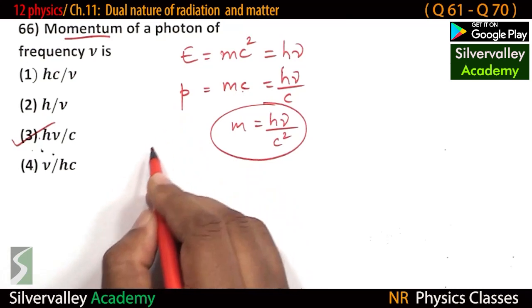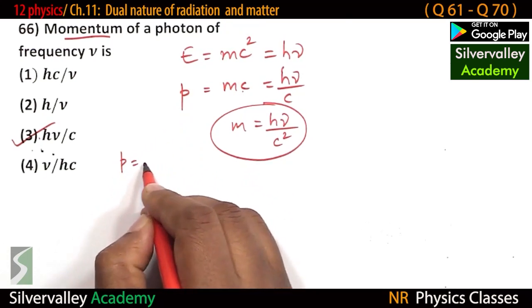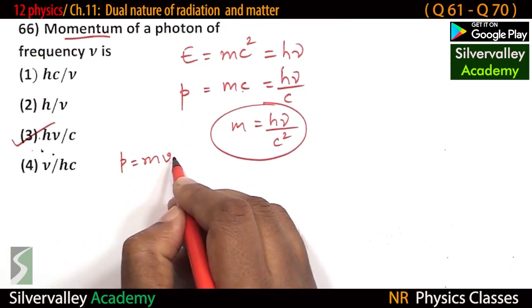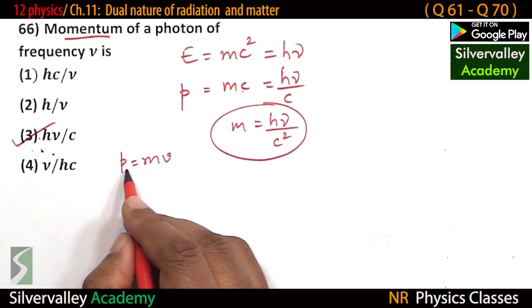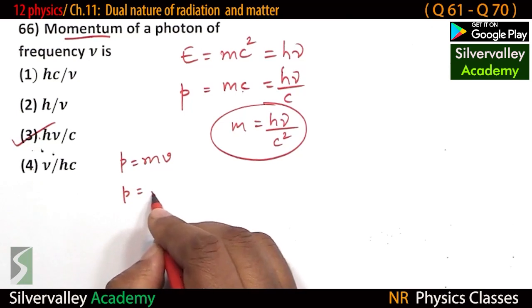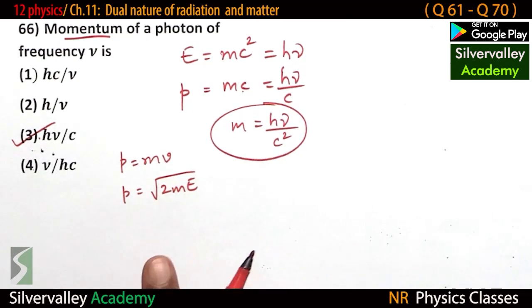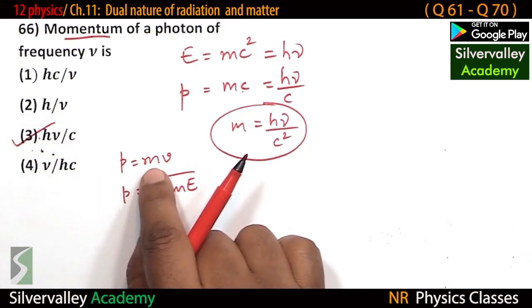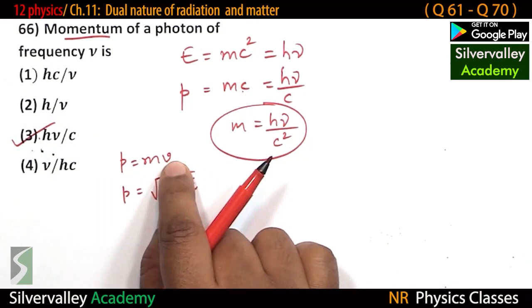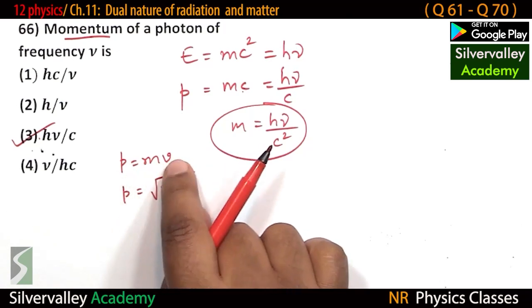What is the momentum of a particle? Expression for momentum of a particle in terms of velocity, m into v. What is momentum in terms of kinetic energy? P equal to root of 2mE. So every time momentum is not m into v. This is in terms of momentum and velocity.